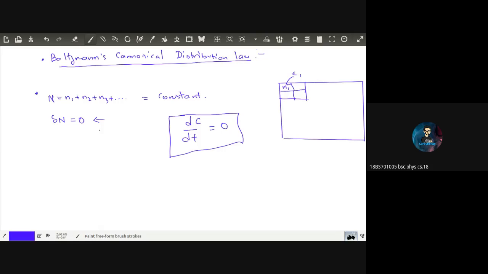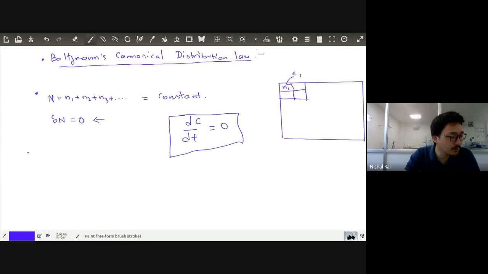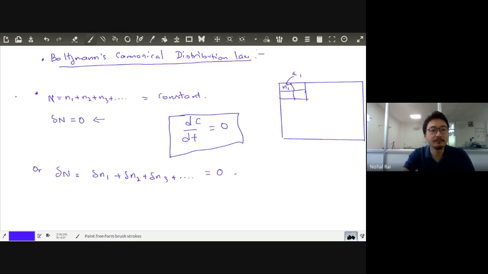Yes, sir. Now the second thing is what? Or what you can write: delta N equals delta N1 plus delta N2 plus delta N3 and so on and so forth, equals 0. Is this point clear? Because this is constant, if you take a derivative of N with respect to any variable, how much will you get? You'll get 0.